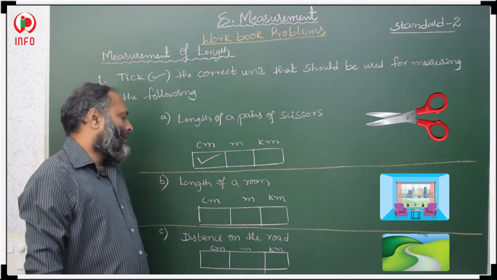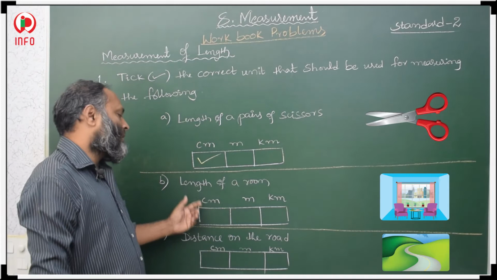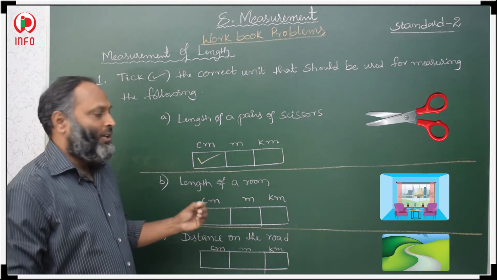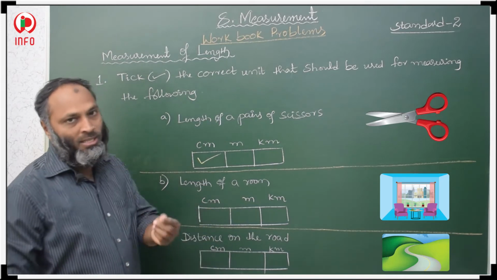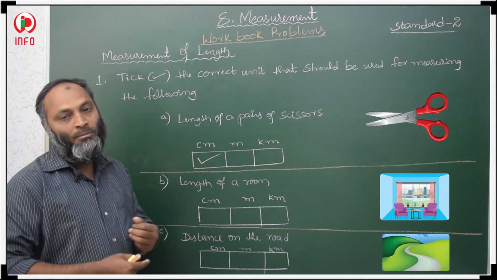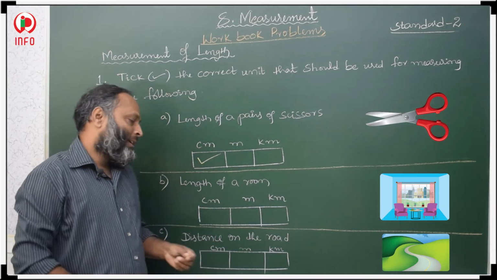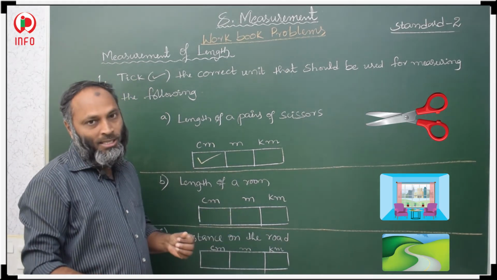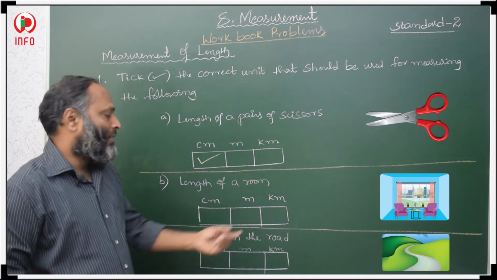Then the second one, the length of a room. Which unit are we going to take to measure the length of a room? Centimeters are a very small unit, we cannot use a small scale to measure the complete length of a room. It's impossible. Meter is bigger than centimeter, so we can use meters.